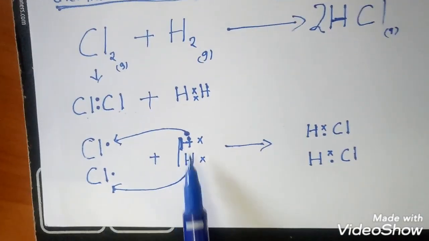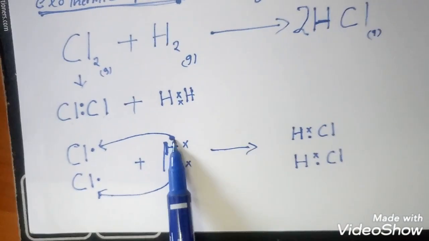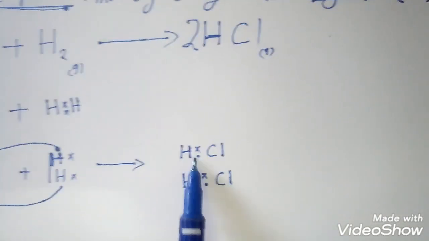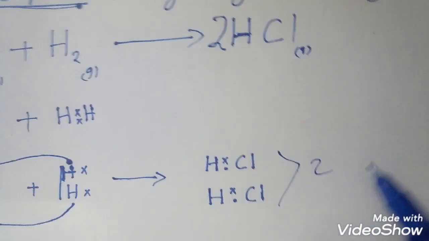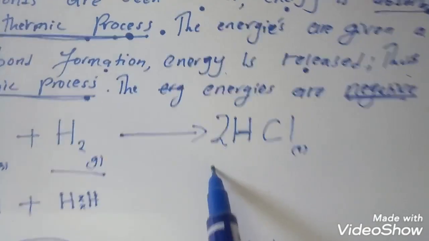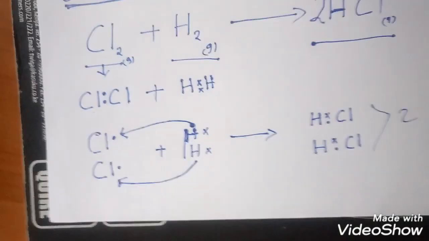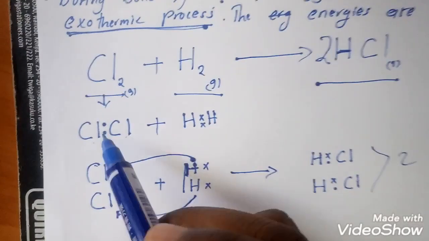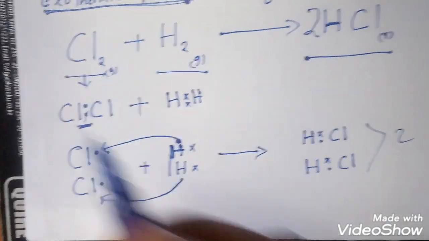When the bond is broken and we form the individual atoms, this atom combines with this one to form hydrogen chloride. This atom combines with this one to form hydrogen chloride. How many are there? There are 2. And that is why you can see when a chlorine molecule combined with a hydrogen molecule, what we form is 2 hydrogen chloride molecules. Now what we are saying again is that when this bond is being broken, energy is absorbed.